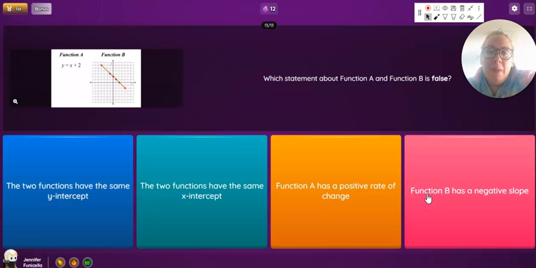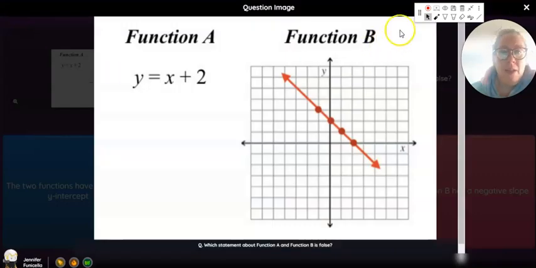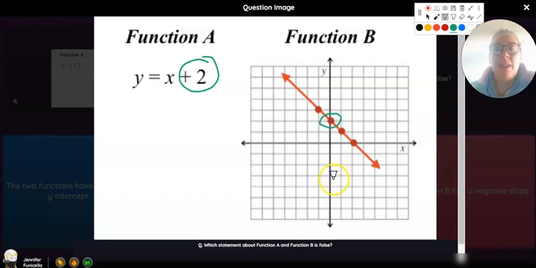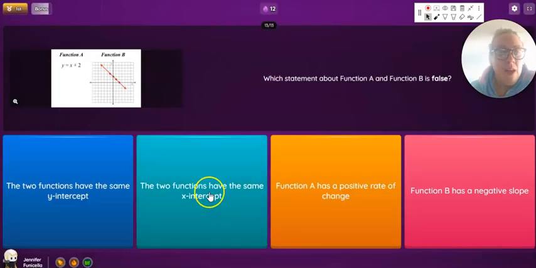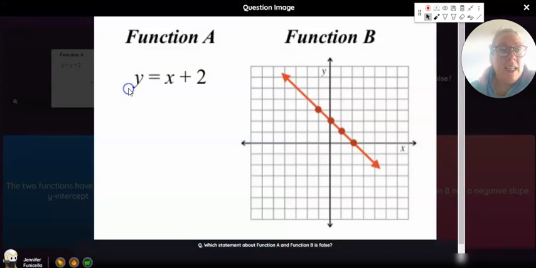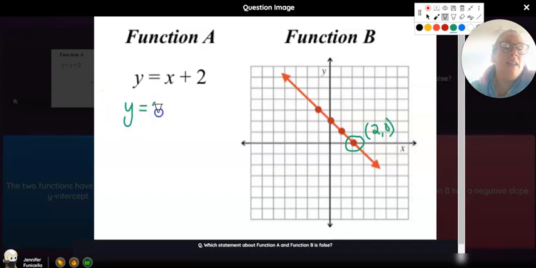Last question, which statement about function A and function B is false? The first one is they have the same y-intercept. Function A's y-intercept is 2, and function B's y-intercept is also 2. So that one is a true statement. They have the same x-intercept. Well, the x-intercept for function B is x + 2, and that means y is 0.